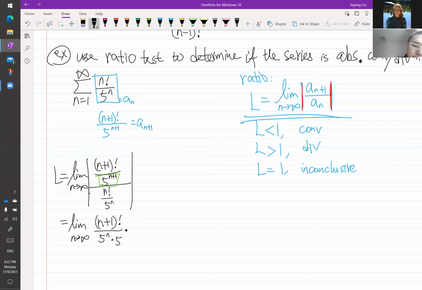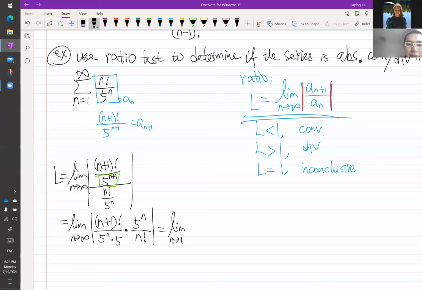And then the division, I'm going to turn into a multiplication by the reciprocal, right? So that will be multiplied by 5 to the n divided by n factorial. And don't forget, we still have the absolute value. And then let's carry this out.